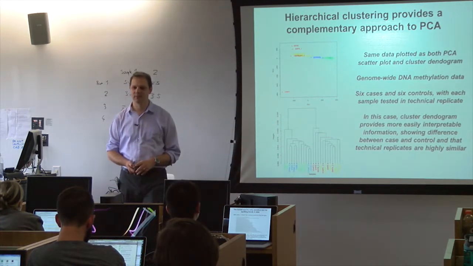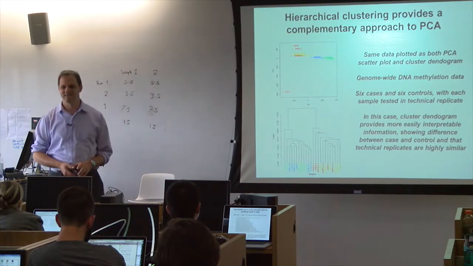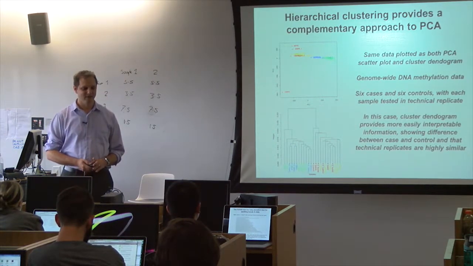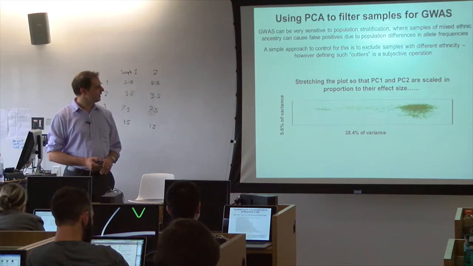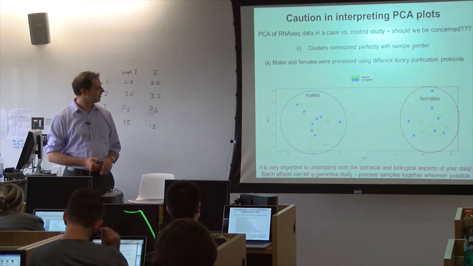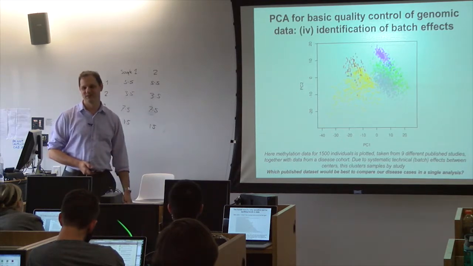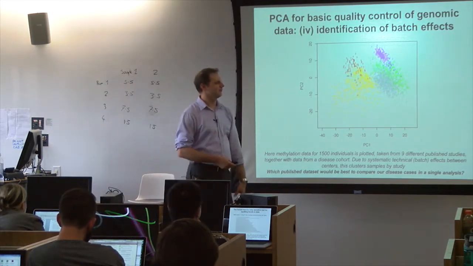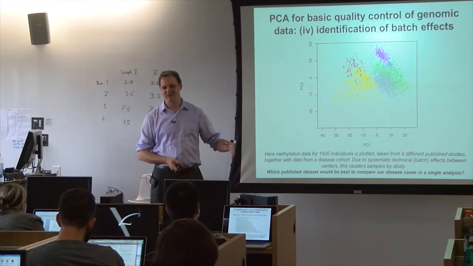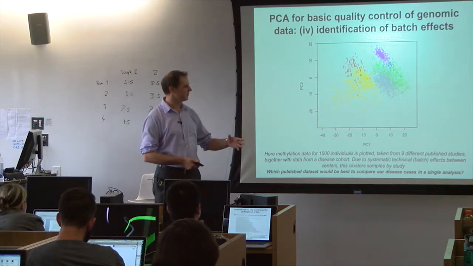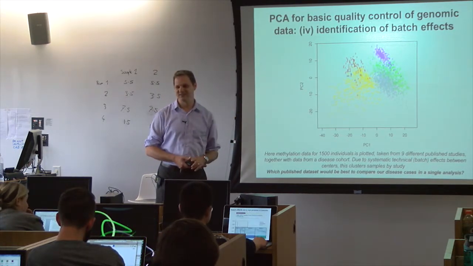How pervasive do you feel like some of these batch effects are in the data that you see every day published? Yeah, a lot. This plot's a pretty good example. This is a platform that tens of thousands of samples have been run on, this Illumina 450K methylation array, and this is just 9 different studies.